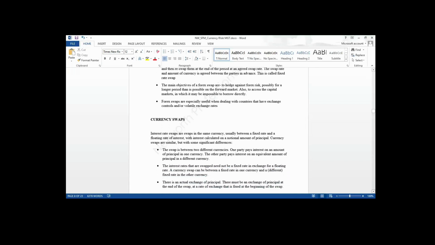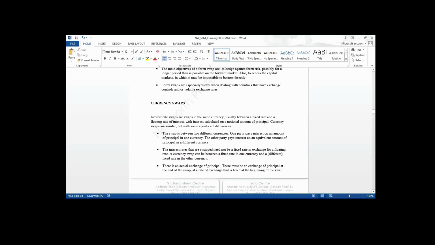Let me round up with a practical illustration. The Nigerian Bank of Industry obtained a loan from the World Bank in dollars.